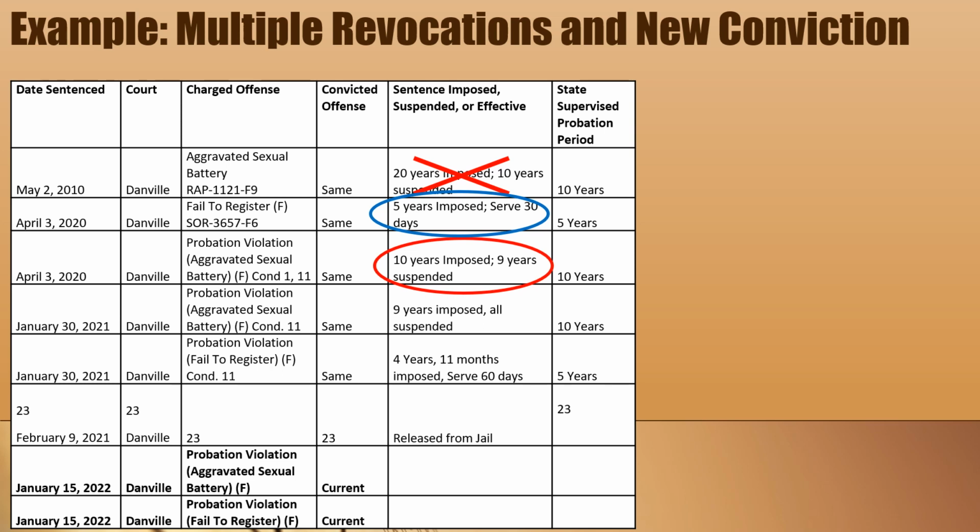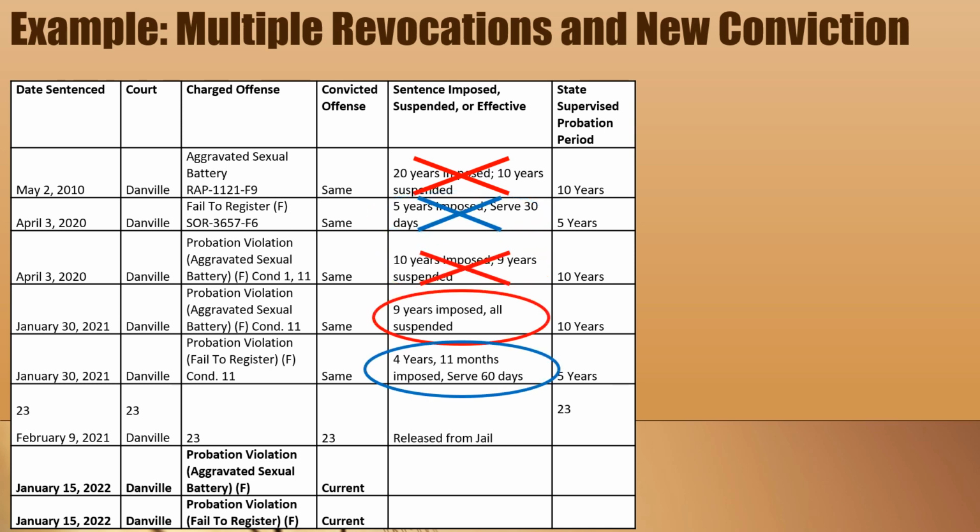The revocable time at this point is 9 years for the original offense, and then 4 years 11 months for the new offense, with a total of 13 years and 11 months revocable time. Remember, the suspended time resets after each revocation, so we do not include the suspended time in the original sentence toward our revocable time.